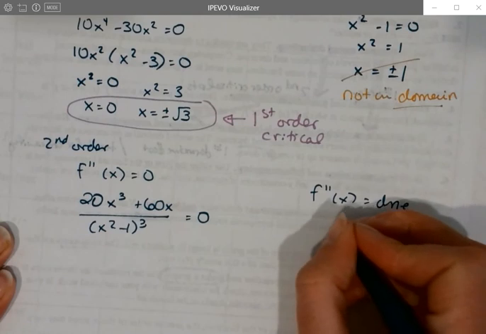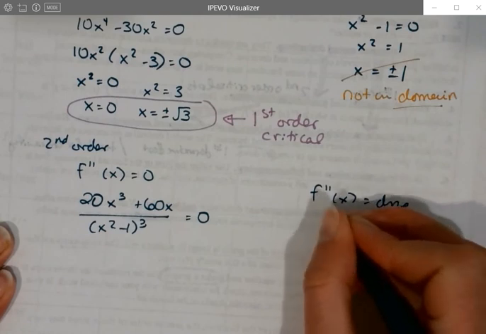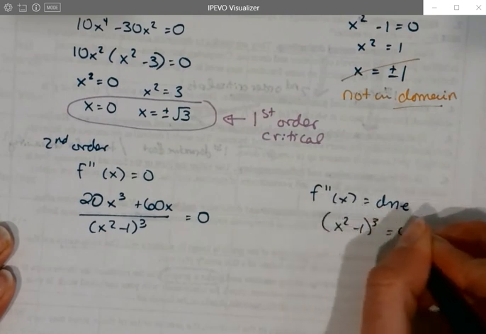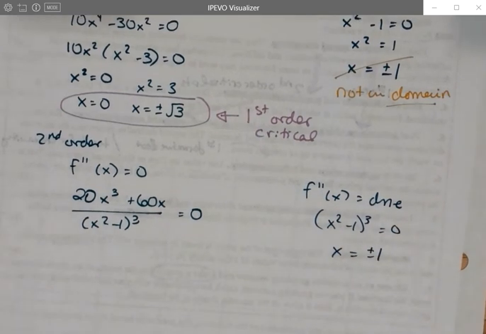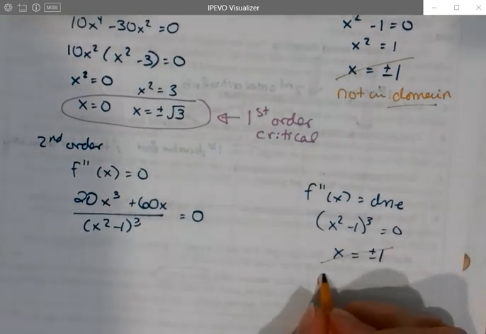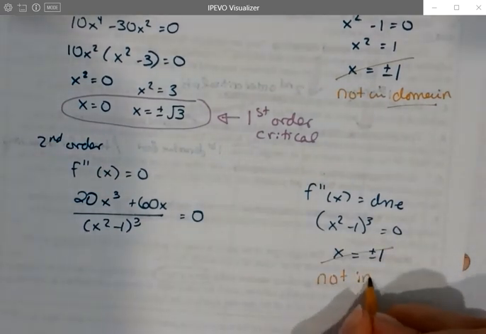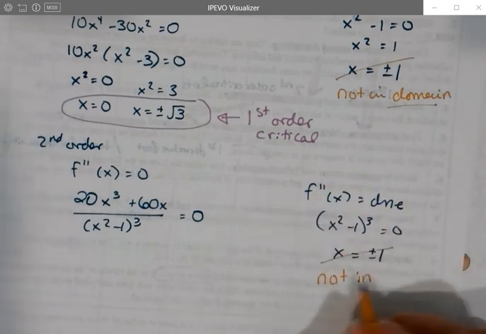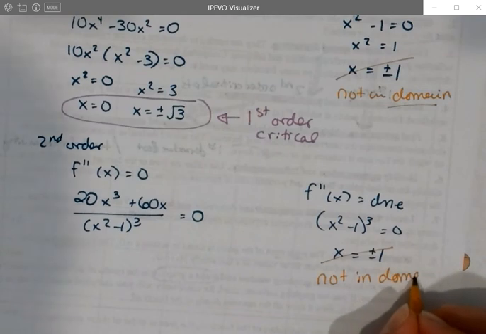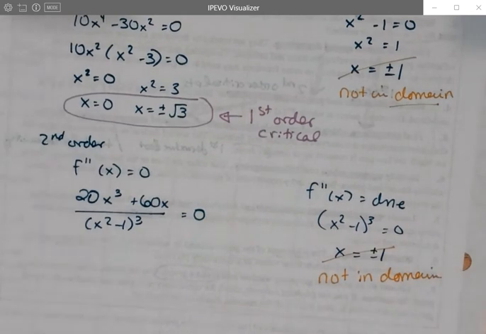When it fails to exist, we're still having that denominator equals 0 piece, which gives us x equals plus and minus 1 again. And once again, I don't get any new candidates right here, so these are not in the domain still. And so I'm not going to have any second order critical values from the places where the second derivative fails to exist. I should get some from where it's equal to 0 though.